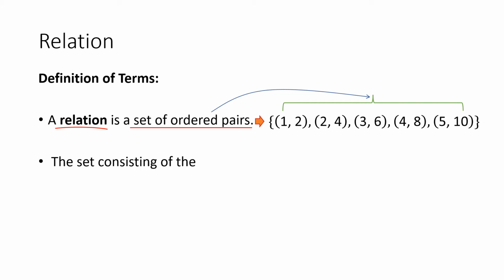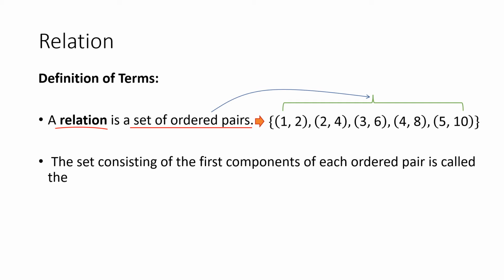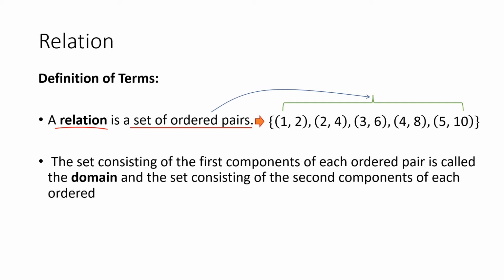The set consisting of the first components of each ordered pair is called the domain, and the set consisting of the second components of each ordered pair is called the range. Take note, the set consisting of the first components. What are the first components of the given relation?